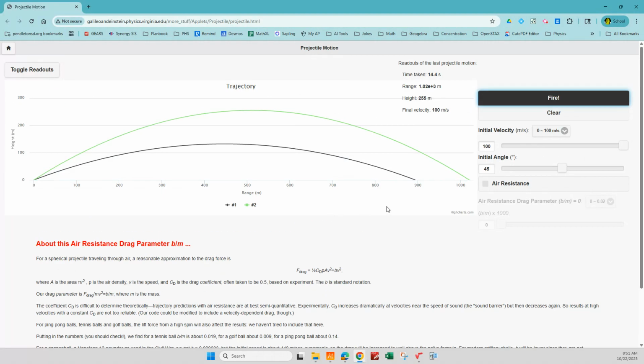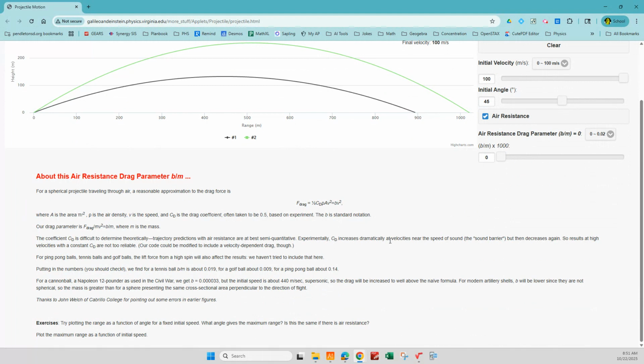What do you think is going to happen to our projectile? Let's see. I think there is a way to do this. Okay. Yeah, I can pick the drag parameter. So you guys pick. What do you want me to use? How about a tennis ball? We'll use a tennis ball.